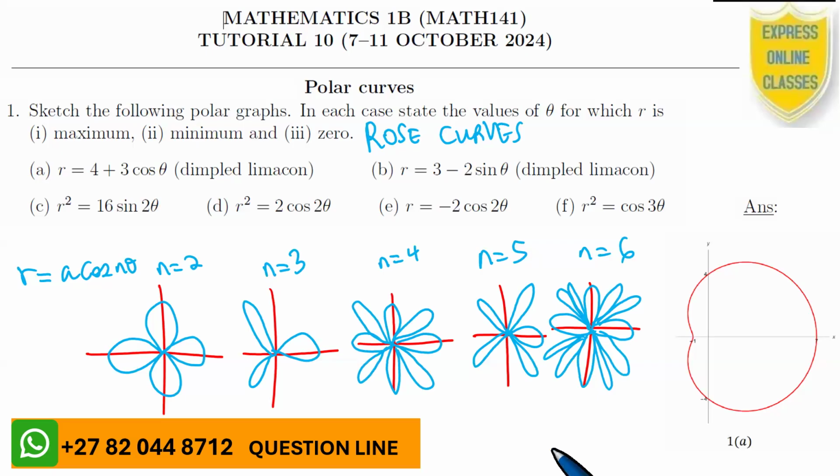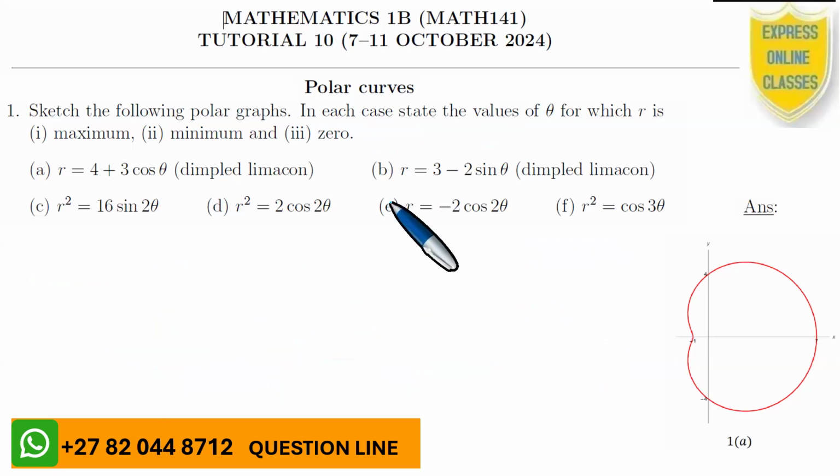Let's look at what the limacons are and how they are sketched, before we look at the tag problems. They are shapes we call the limacons in the polar curves. So let us talk about what you need to know about the limacons, but first we discuss what we call families.